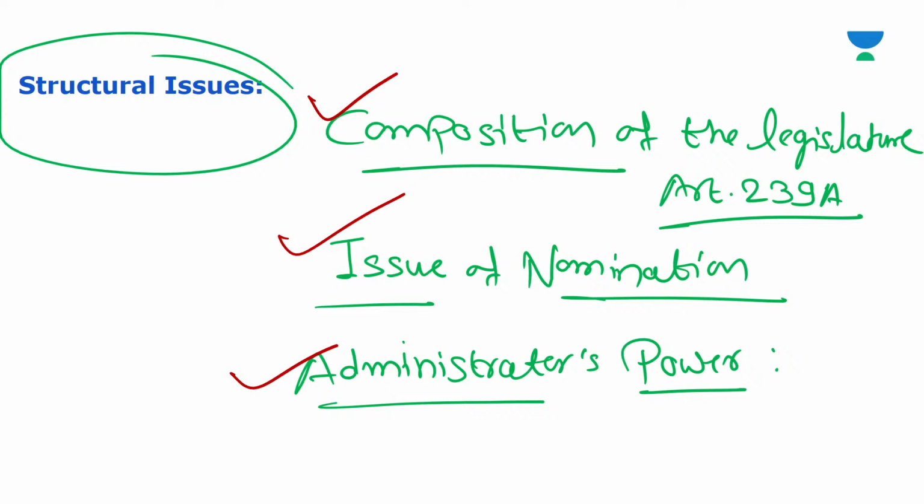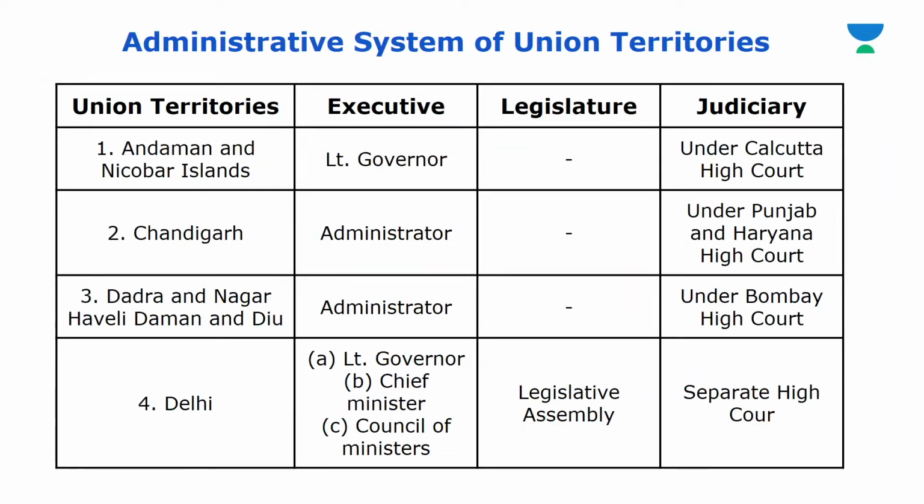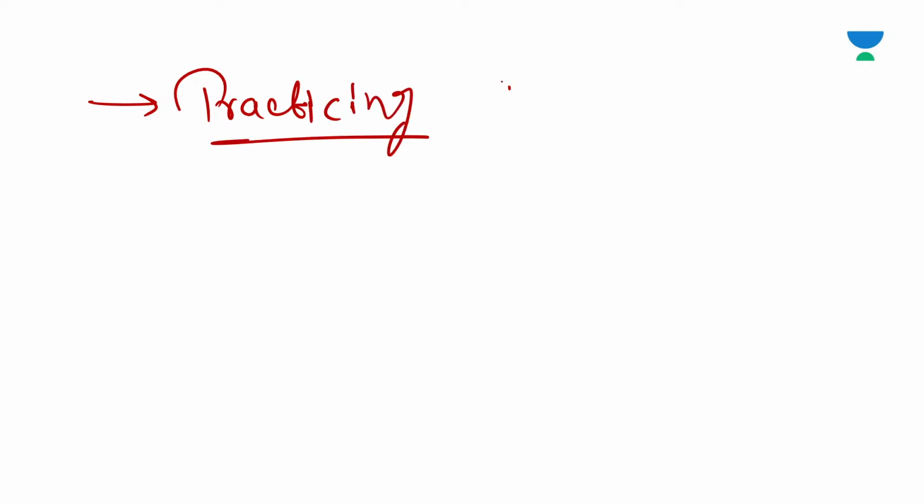Now, friends, let us discuss the way forward for the administration of union territories in India. There should be practicing of cooperative federalism.